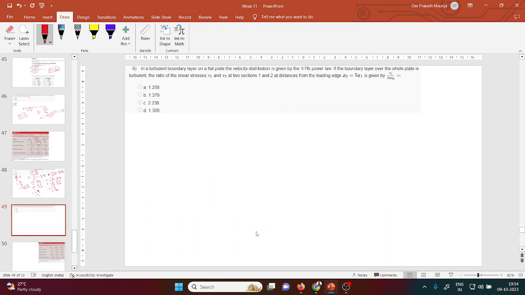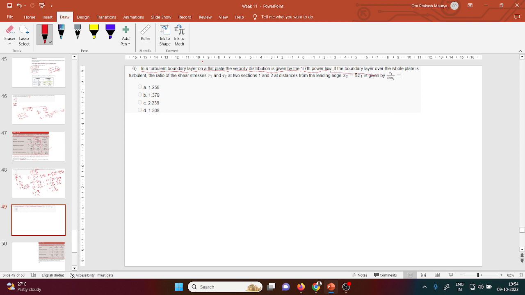The next question is asking about turbulent flow. Here it is given a turbulent boundary layer on the flat plate. The velocity distribution is given by the 1/7th power law, right?